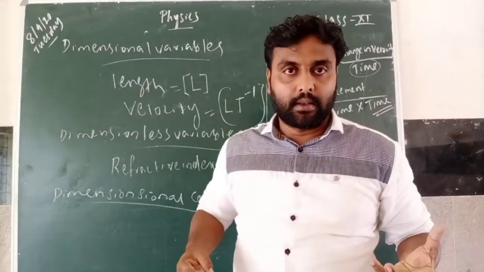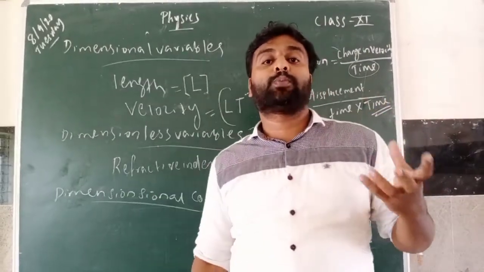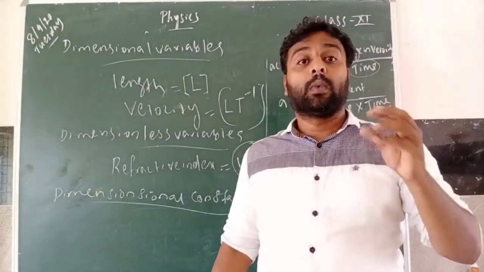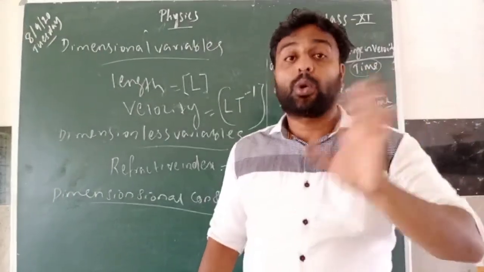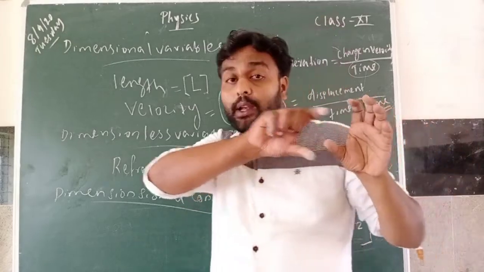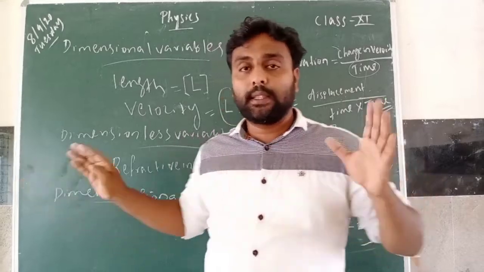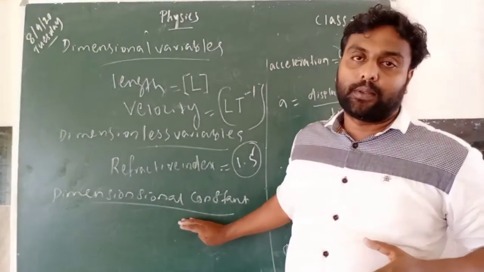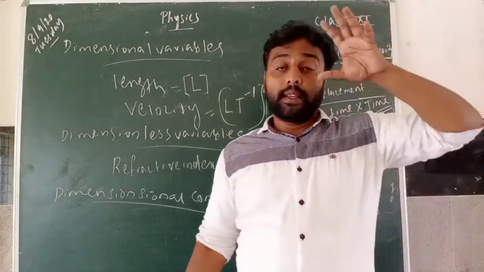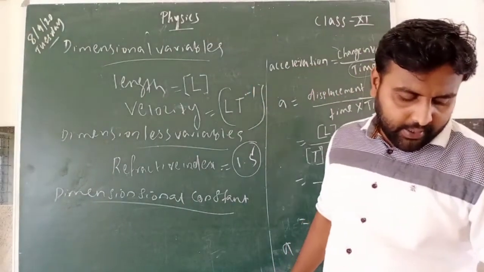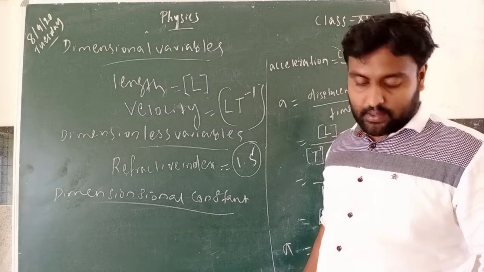So some physical quantity which possesses dimension and it has some constant values, not variable values. The value will not change. Some fixed values, some constant values. That is what we are calling dimensional constant. So there is a dimension as well as a constant value. Example here given, gravitational constant.